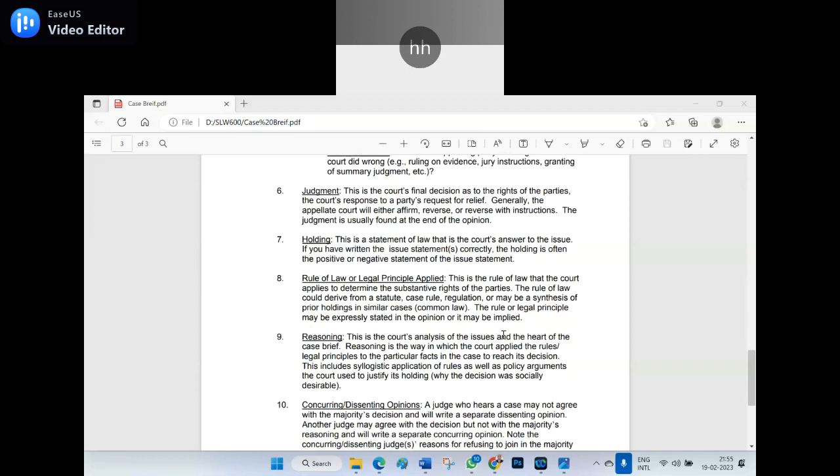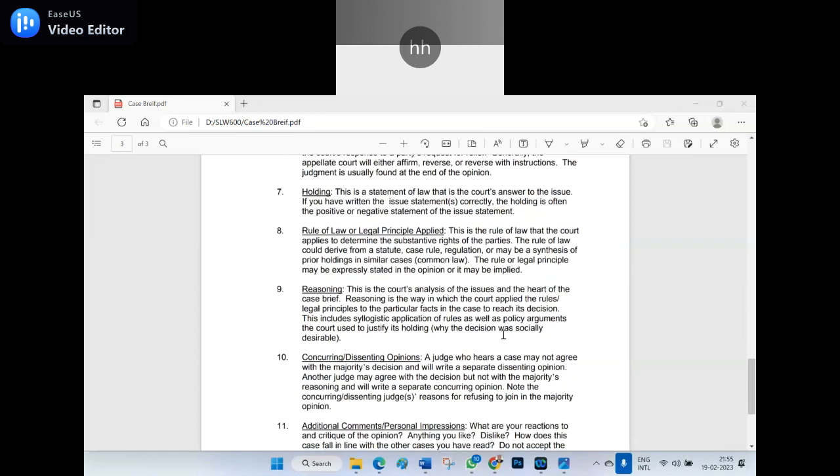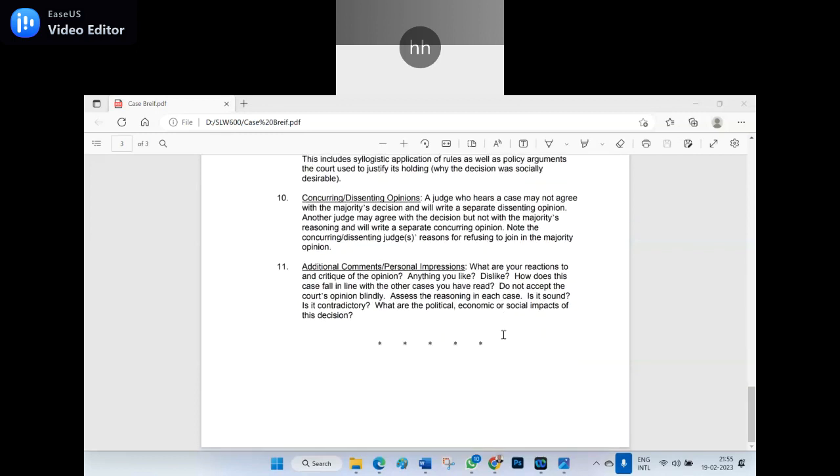Polesana. So here the judgment, holding, rule of law and principle applied, reasoning, concurring and dissenting opinion, and ratio decidendi, additional comments or personal impressions, you can write it. Suppose you are not agreeing with the decision of the particular court, you can keep it as the last side heading and write your own opinion. If you disagree with the decision, it is not necessary that a decision will be favorable, because the school of thought will be different.